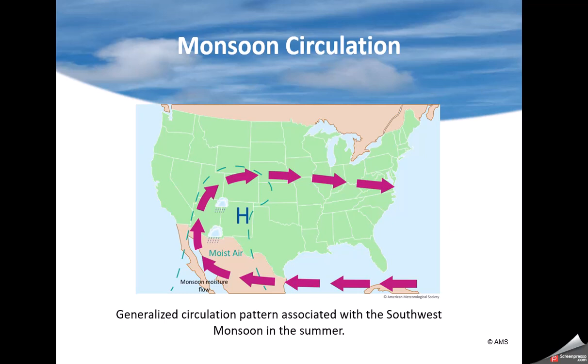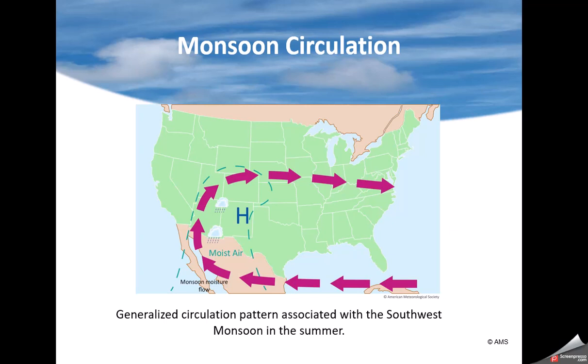What happens to cause this monsoon is there's a mountain range, right along the northwest part of Mexico here. And with that mountain range, you wind up with heating that occurs aloft. Heating causes a low pressure to develop at the surface there, but aloft, remember, because it's very warm, you actually wind up with high pressure.